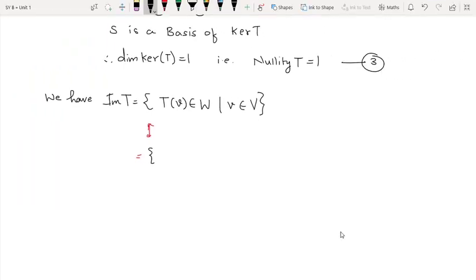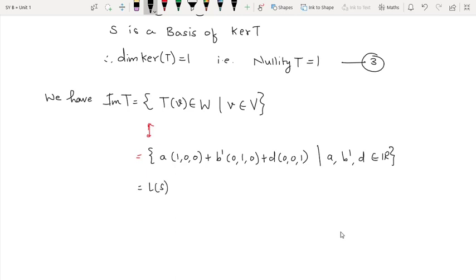Okay, so it is of the type a(1,0,0) plus b'(0,1,0) plus d(0,0,1) such that a, b' and d belong to R. So this is equal to the linear span of S. Now S contains 3 vectors in this case.